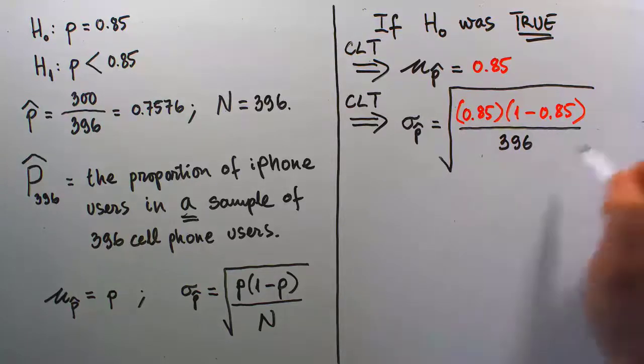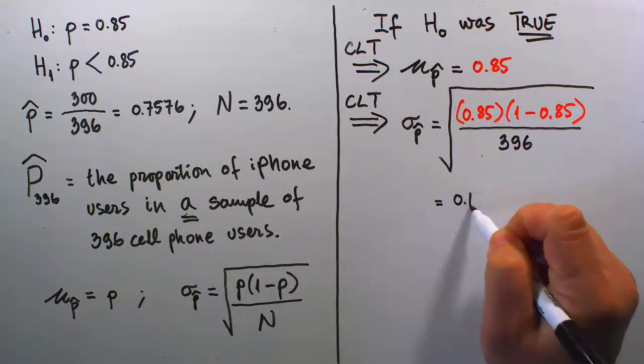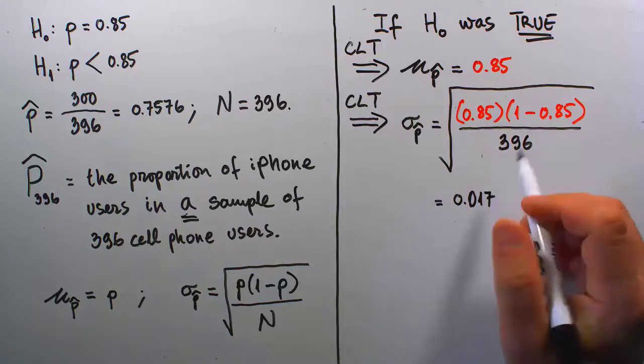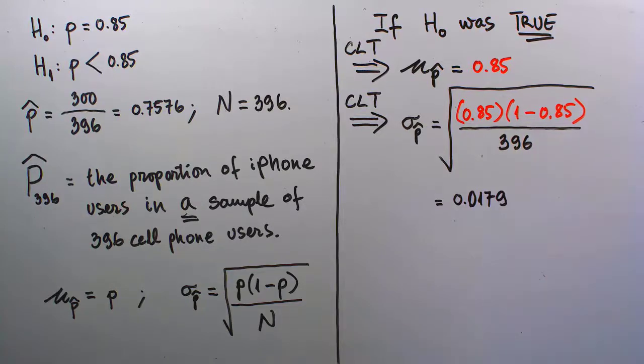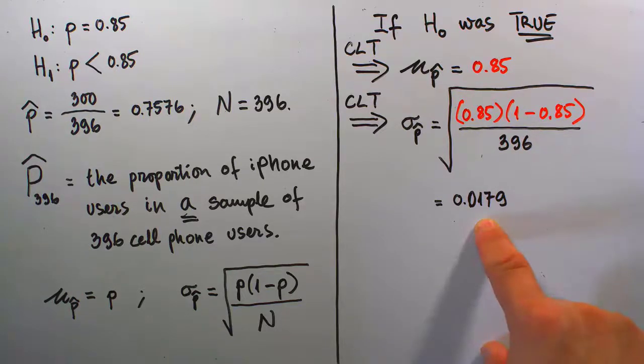The calculation comes out to be 0.0179. And as I have expressed many times, unless specified otherwise, a lot of these values are rounded to 4 decimal places.